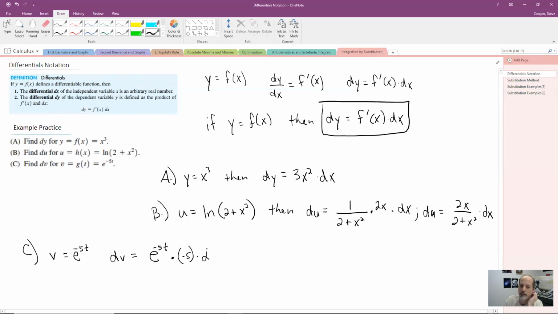And then the dt we have to tack on at the end for this differential. So cleaning that up, dv equals negative 5e to the negative 5t dt. Okay, so that's the differential notation that we're going to need in order to do substitution effectively.